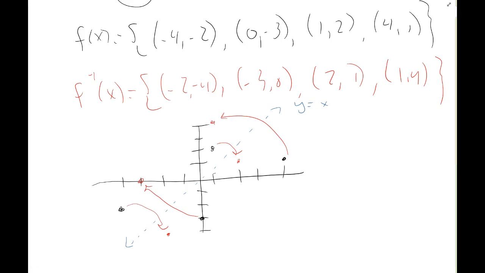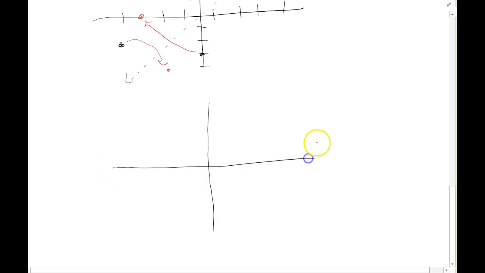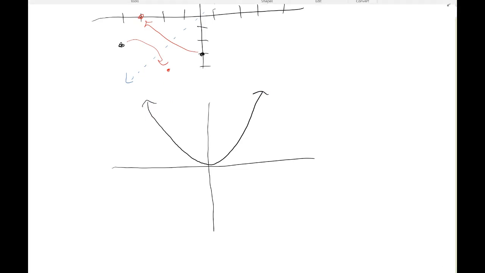With just points as my function, it's not terribly interesting doing this. Let's do another example of reflecting across the line y equals x, with something a little more complicated. We'll take a continuous graph, like a parabola. So here's my graph of f of x. To draw its inverse, I am going to draw on the line y equals x.